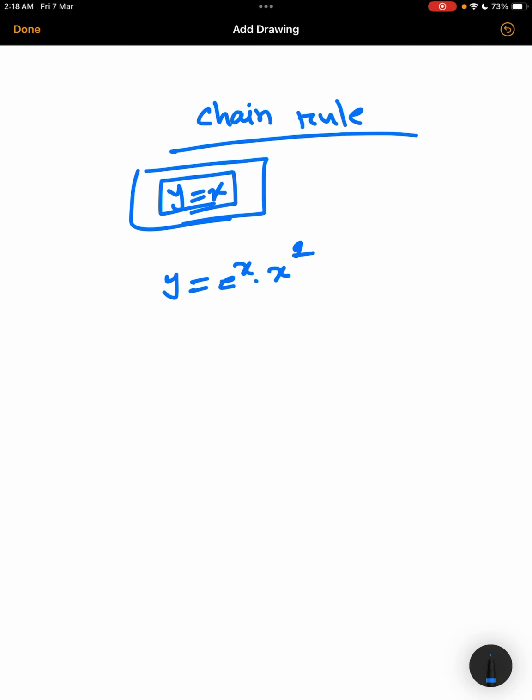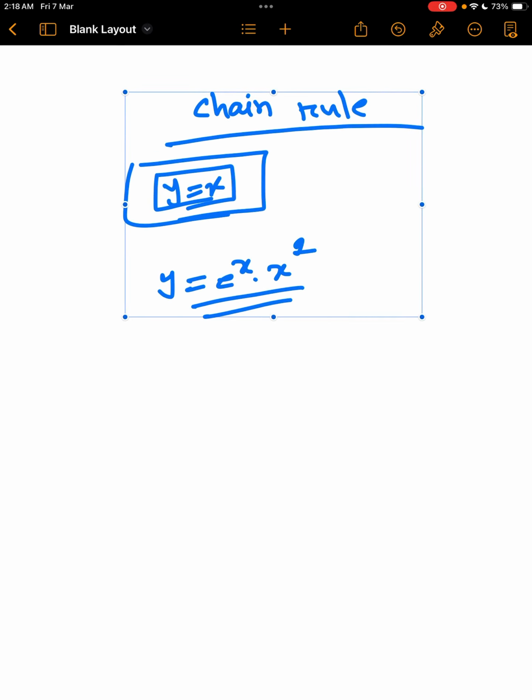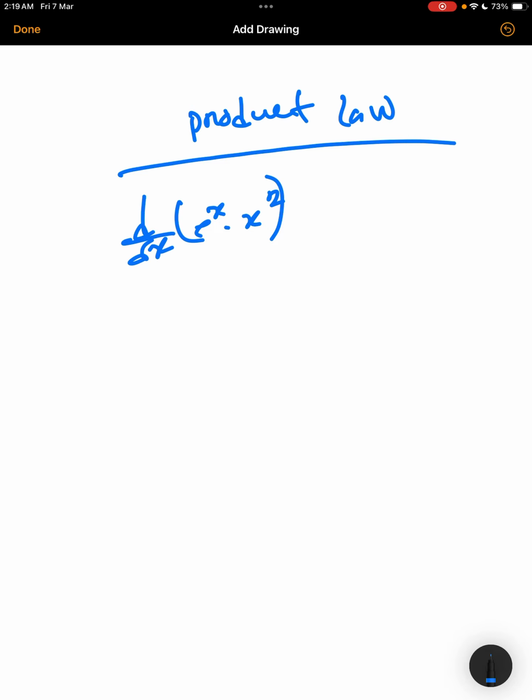So we can use the product rule here. I think there is no shortcut. For the product rule, you can pick anything. Suppose e to the power x and x square. d/dx: you can pick any one as a constant and differentiate the other one. There's no problem.